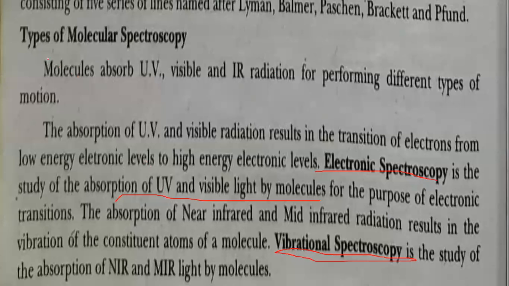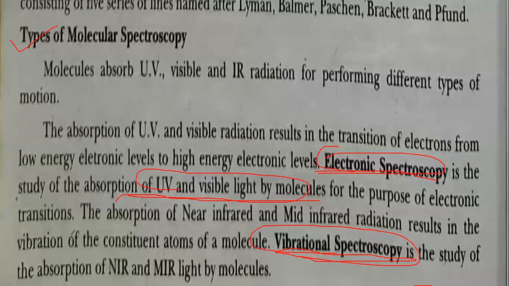So there are types of molecular spectroscopy, as we discussed earlier: electronic spectroscopy, vibrational spectroscopy, and rotational spectroscopy. In electronic spectroscopy, the molecular study is carried out in UV visible light.